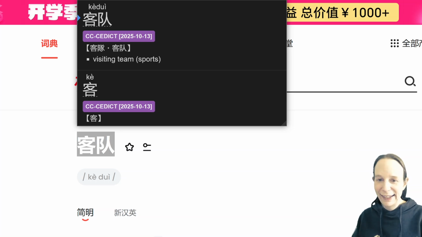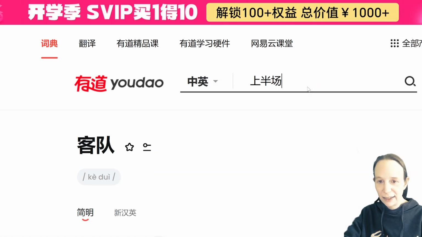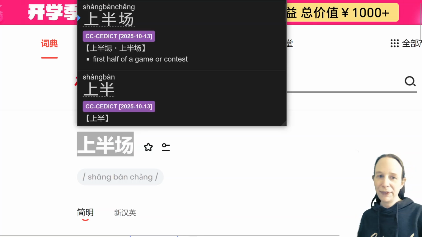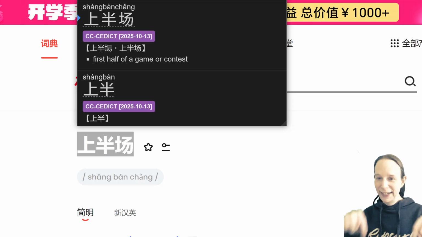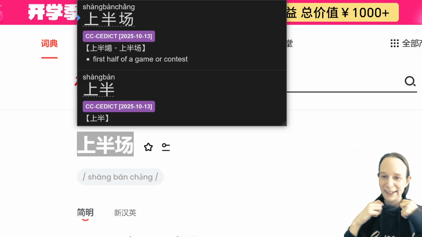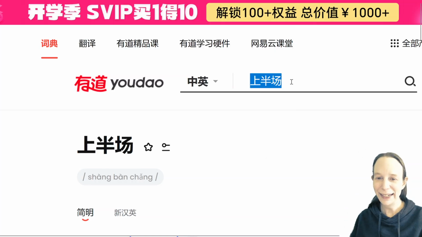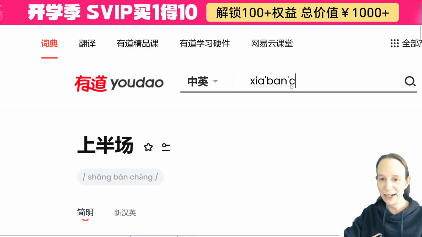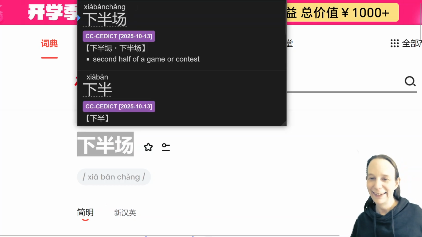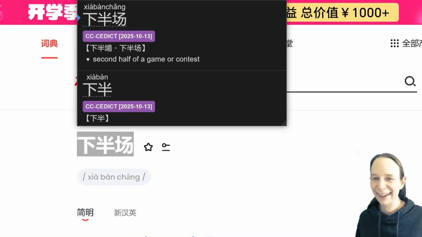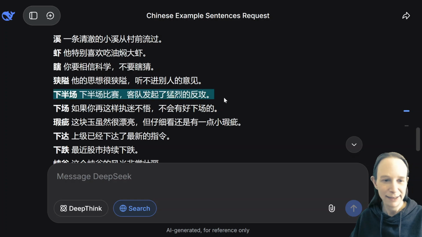And in the 上半场, in the first half of the contest, the home team, so in my example, it's China, the 主队 is winning, and in the 下半场, they make a fierce counterattack and come back from defeat. All right.